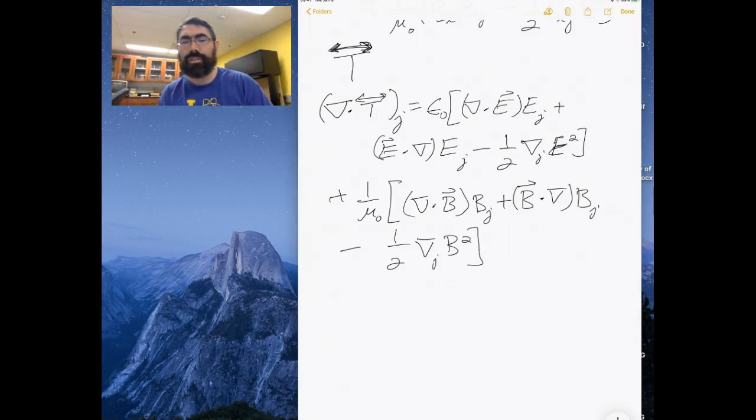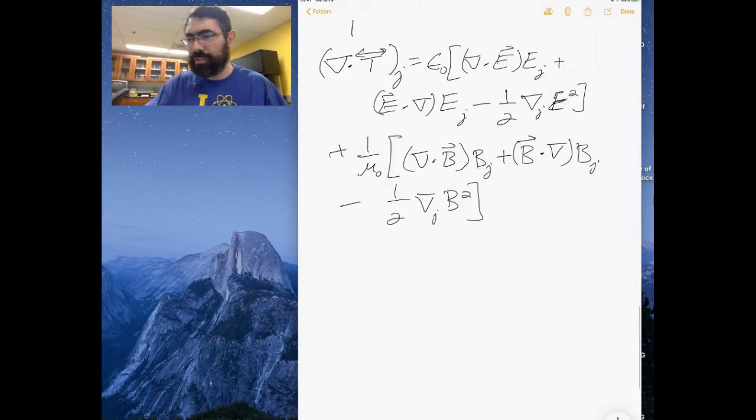Okay, which looks a lot like what we're shooting for when we're looking at that force per unit volume. So here I wanted to take a slight deviation from what's in the textbook and write this thing out not in the original Gibbs notation, but in our index notation or Einstein summation notation.